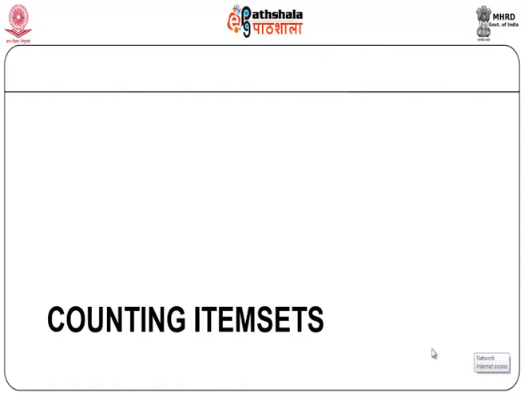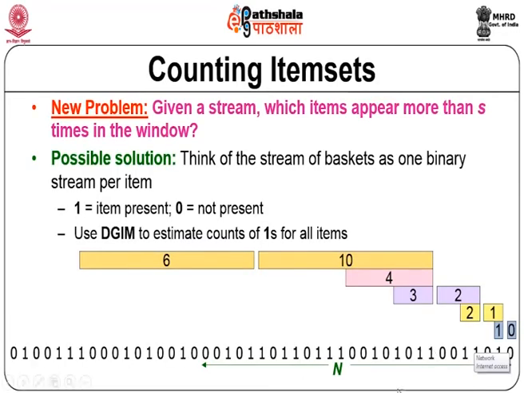The second important algorithm which can be used on data streams is counting item sets. When we work with item sets, the item sets are sets of elements that occur often or frequently.